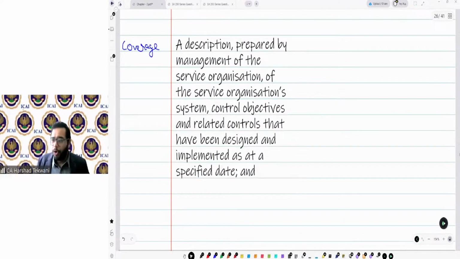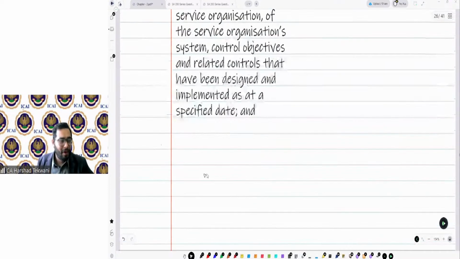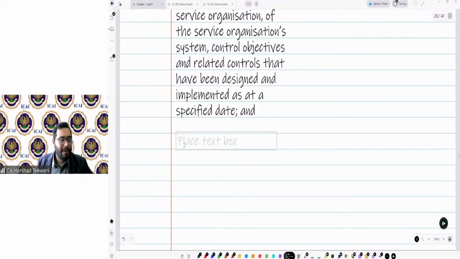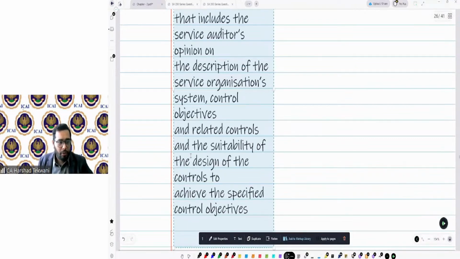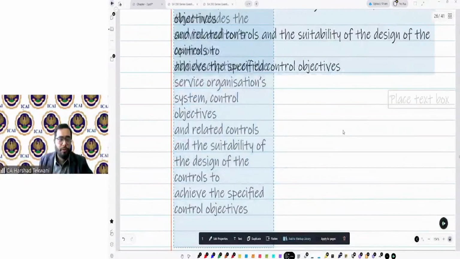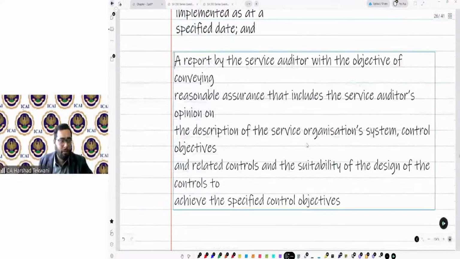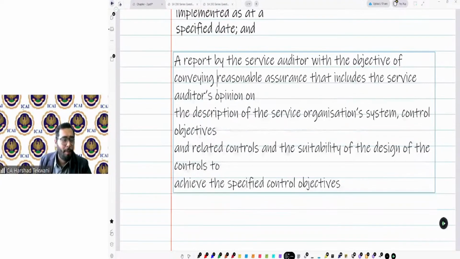Second is a report by the service auditor. It's a report by the service auditor that the controls which are there as of now, which are mentioned above, are appropriate or not, or are designed appropriately or not.